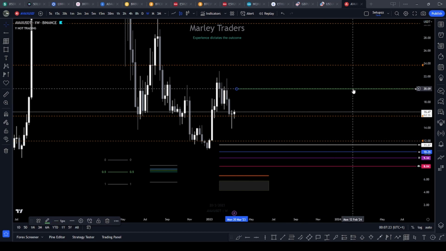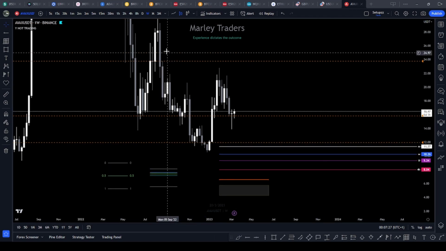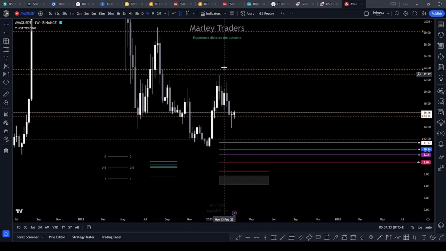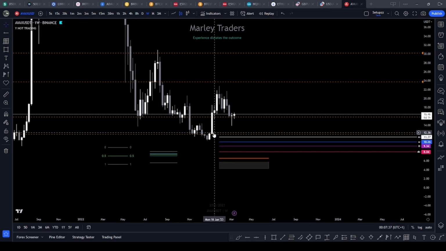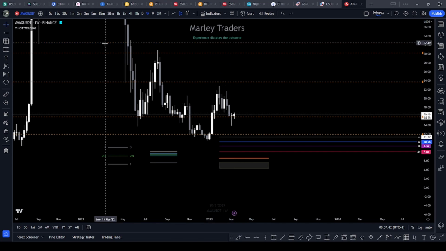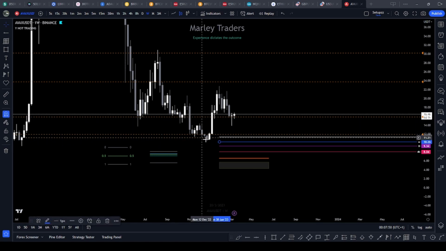Now we're going to start by taking levels from a weekly time frame. On the weekly time frame, it's kind of bearish or sort of consolidating. I don't really know, you make of it what you want. So on the weekly time frame, I just take this, put on the magnet, and take this like that.